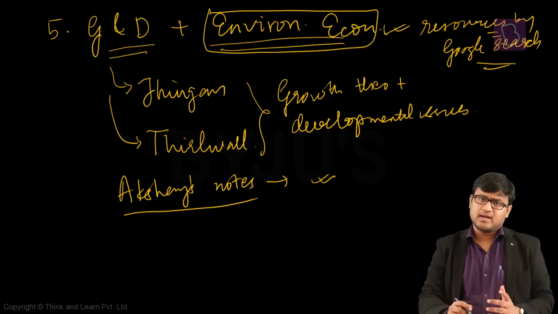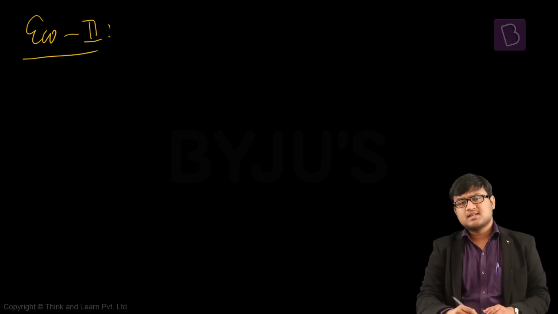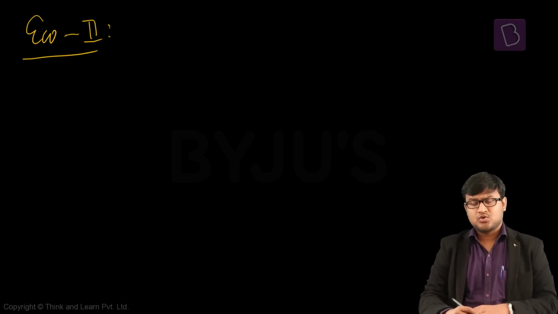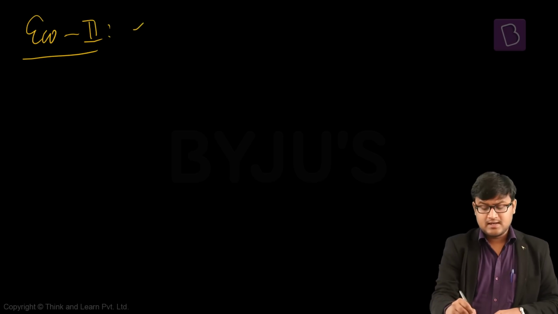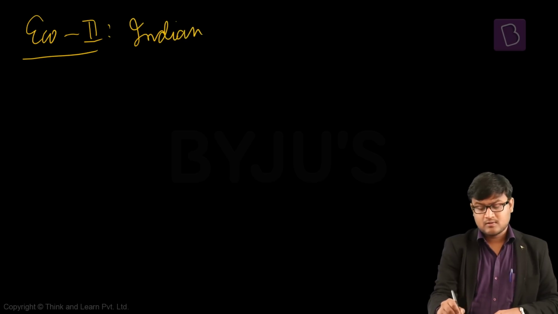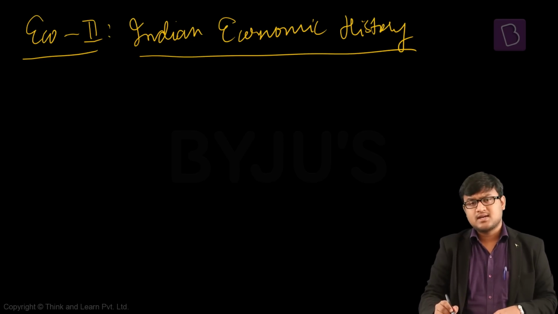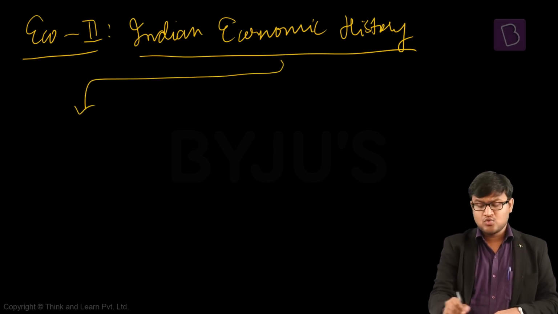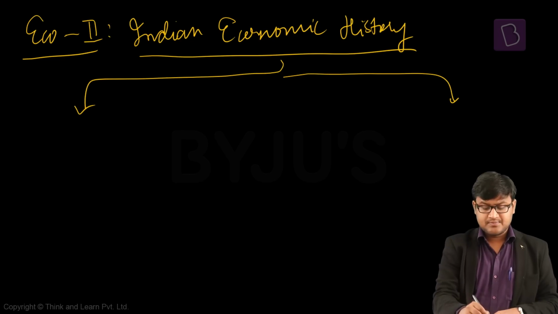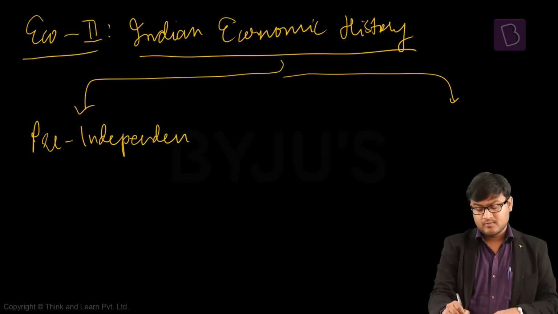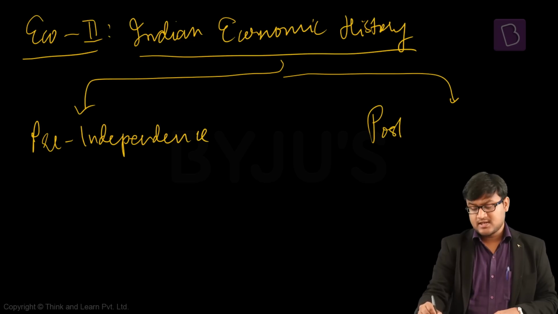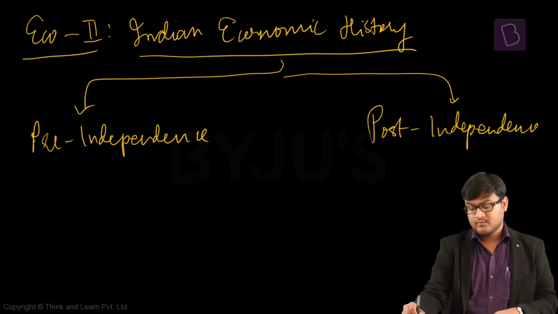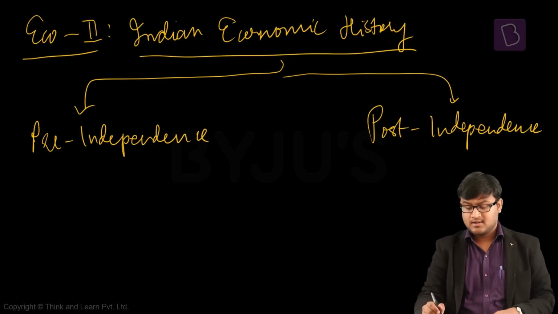Now let's talk quickly about paper 2. If you see the syllabus of economics paper 2, it is all about the Indian economic history. This Indian economic history is divided broadly into two main parts, which is pre-independence, that is during the British era, and the second one is post-independence, that is after 1947.